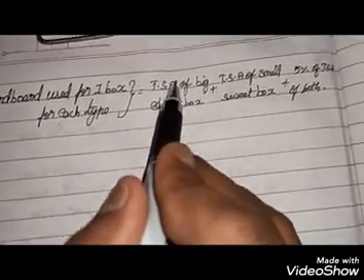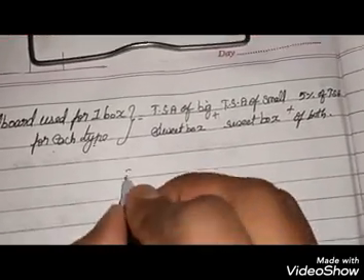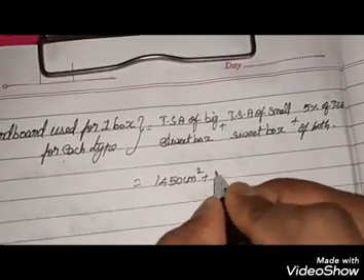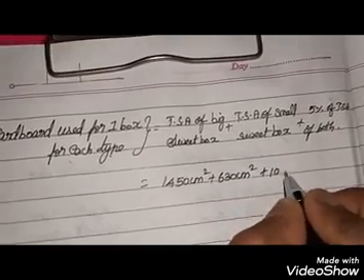So the extra area for 5% is 104. Now the cardboard used for one box of each type is the TSE of the big box, 1450, plus the TSE of the small box, 630, plus 104.